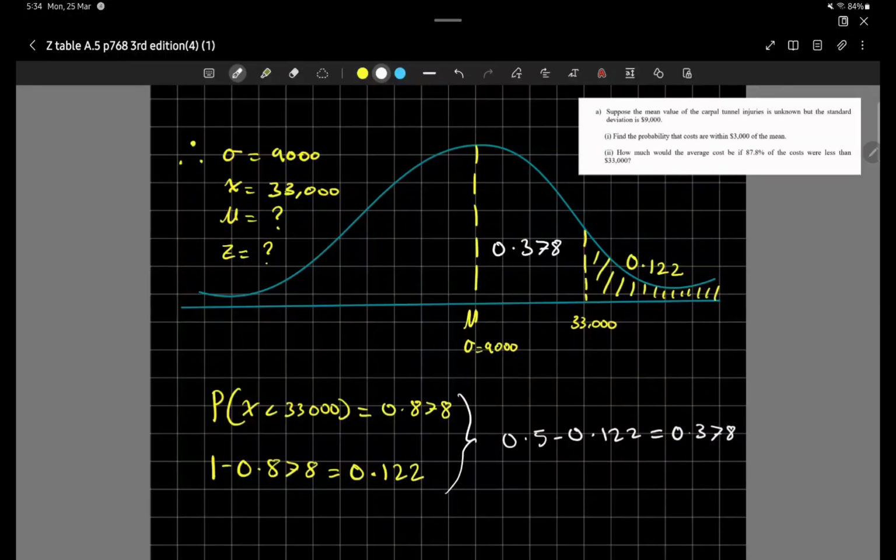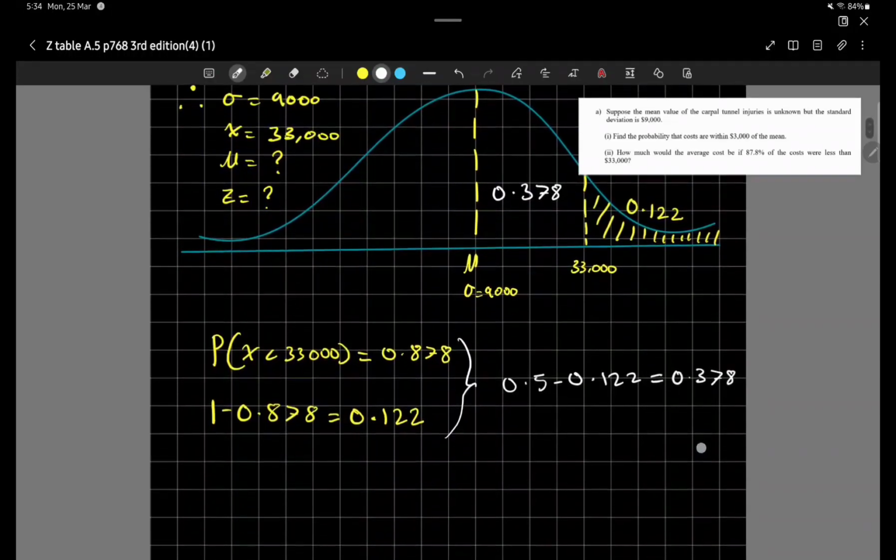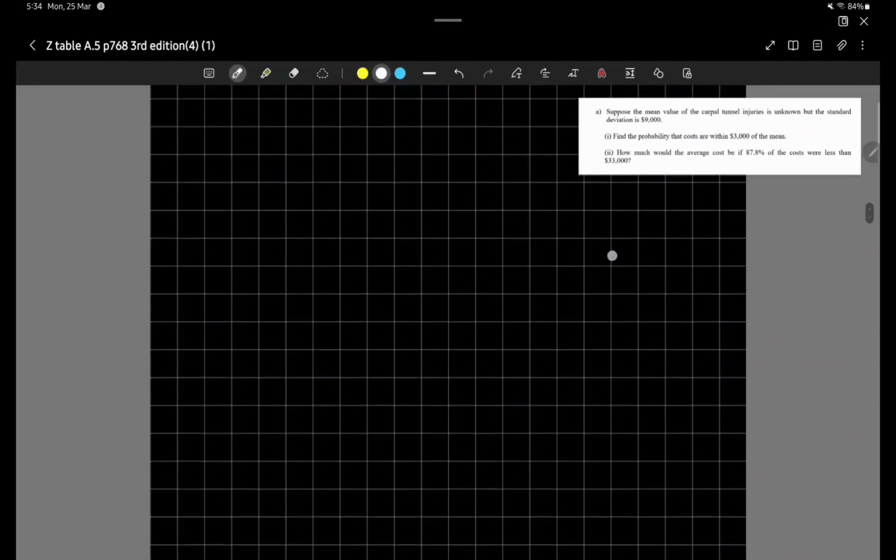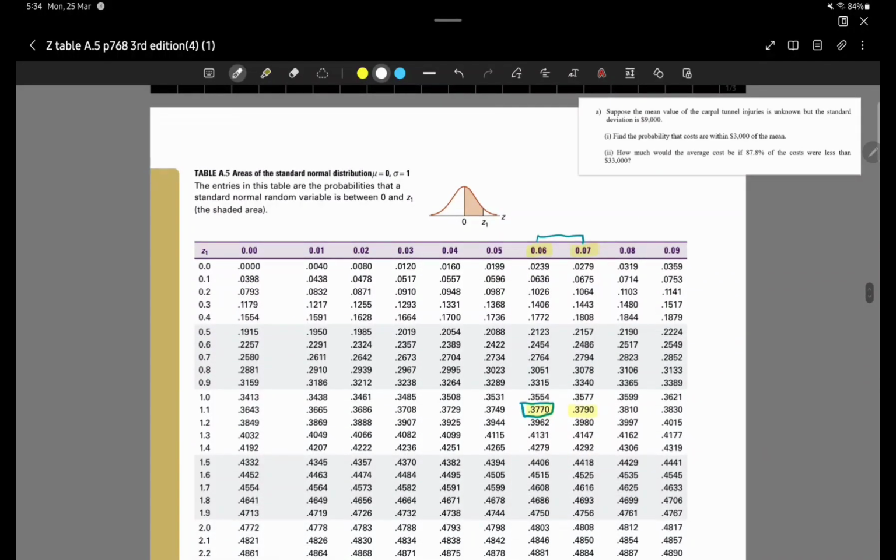And then referring to our Z table, which is here, I've already highlighted it. 0.378 is between these two numbers. Take the average, and you get 0.065 or something.